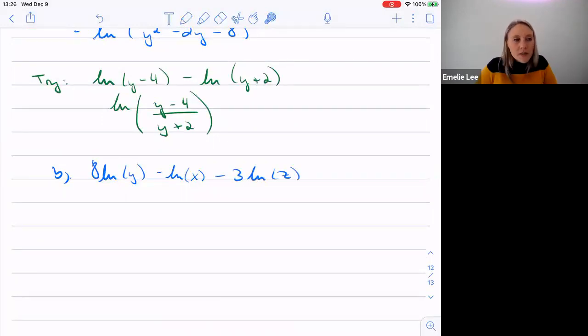The log laws say that I can move this coefficient from out front to the power of whatever is inside the log. So I'm allowed to do that. I'm allowed to move back and forth. And so I can rewrite this.